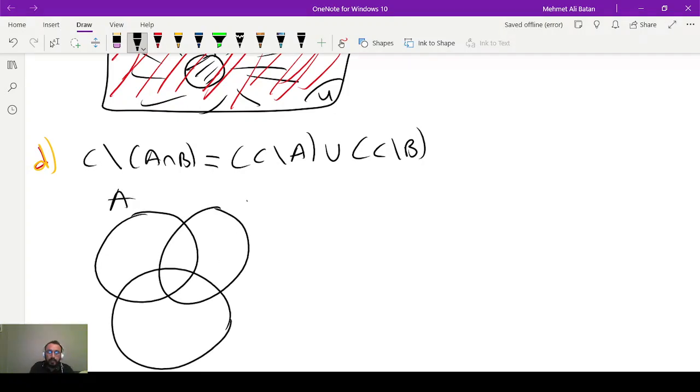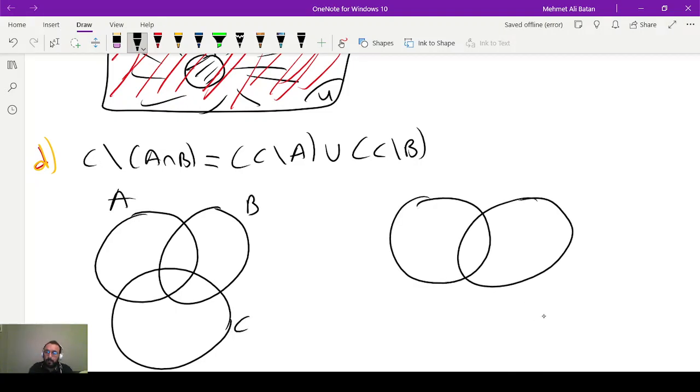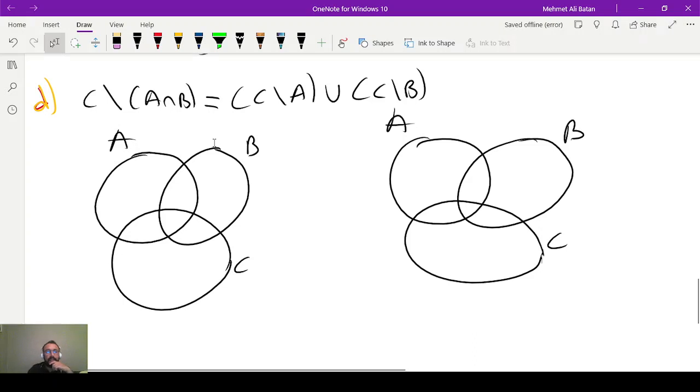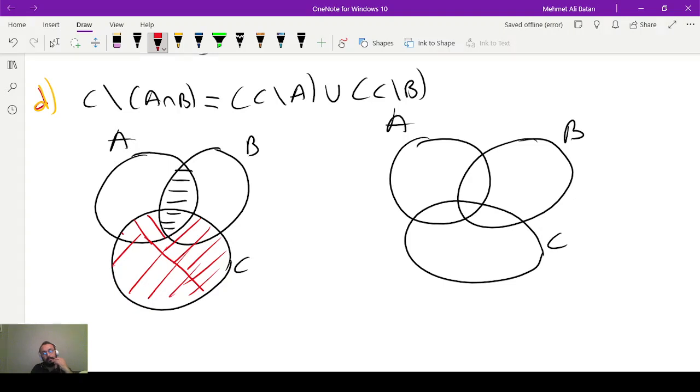This is A, B, C. What is A intersection B? Here. And I am asking for C minus A intersection B. It will be this area, this region.